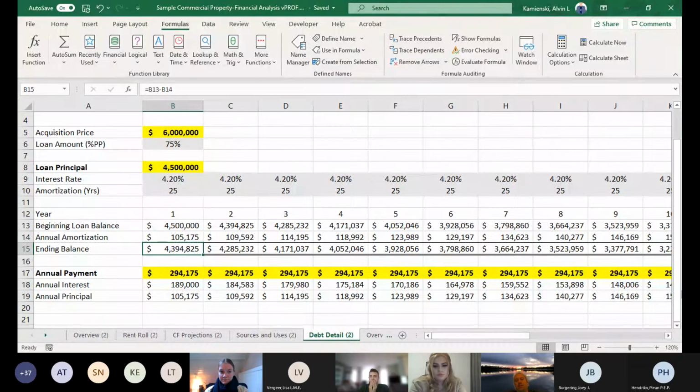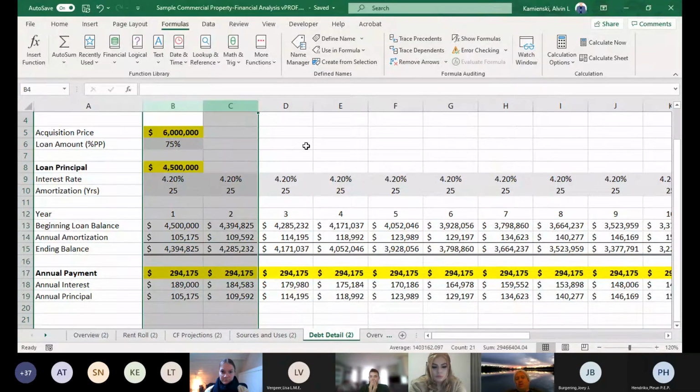$4.394 million. Now, one of the things that we can cover tomorrow, if you like, you may have noticed that a lot of what I did, I was doing only in columns B and C, meaning I was setting up the structure on the front end, pretending like I was only dealing with 1 or 2 years worth of investment, knowing that if I solidify the construction of the spreadsheet here, when I move from years 3 to 25, it's all the same thing.